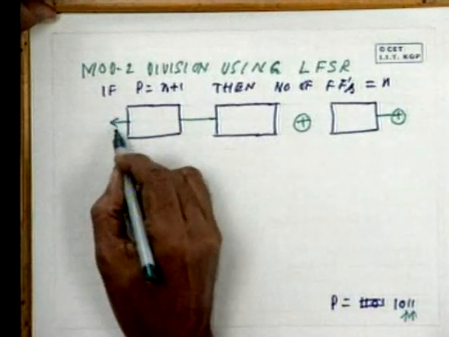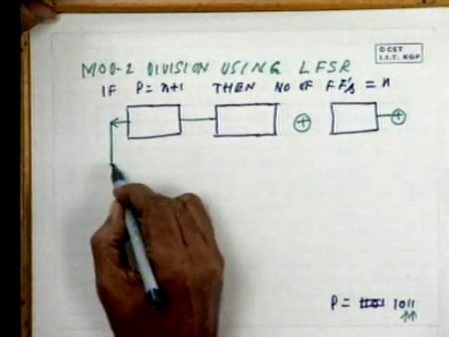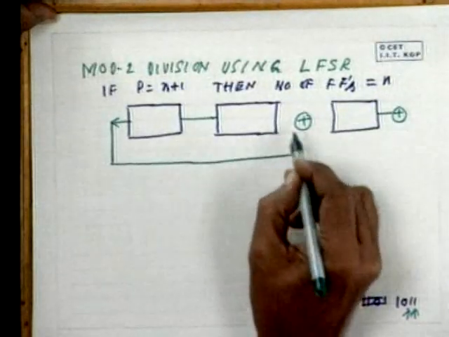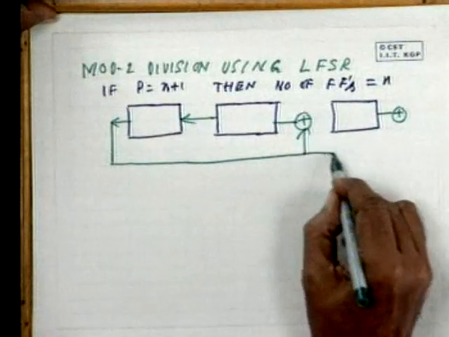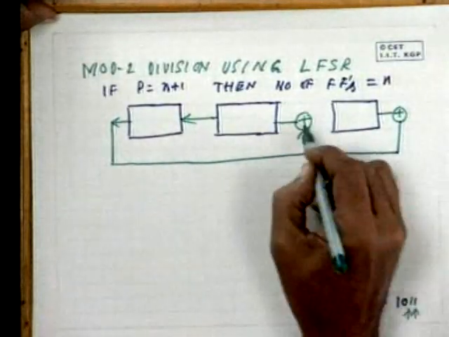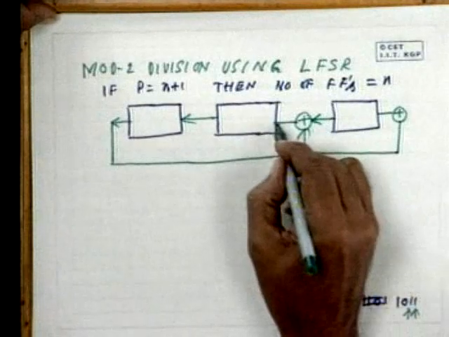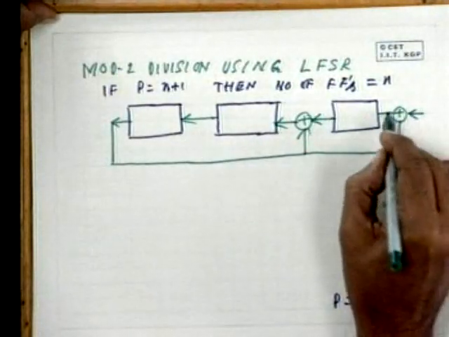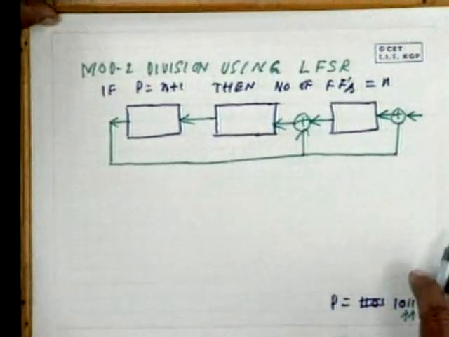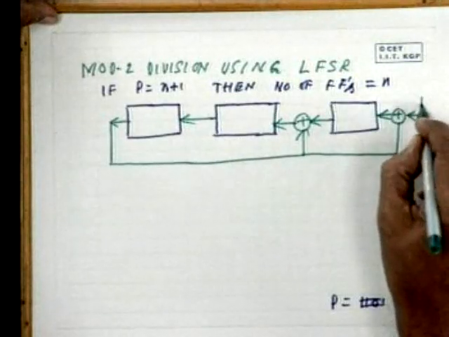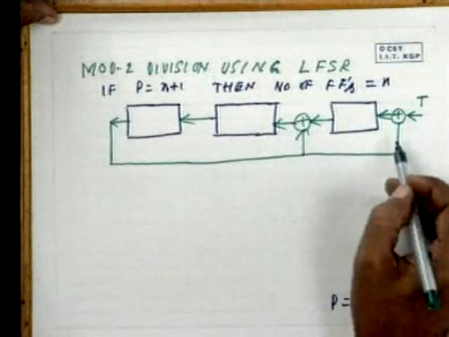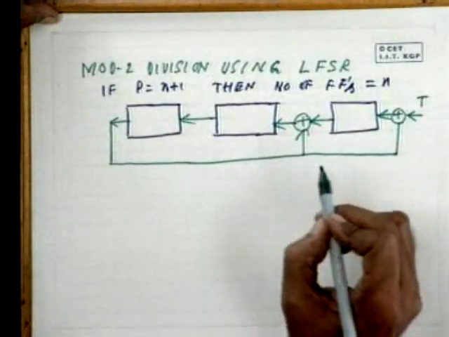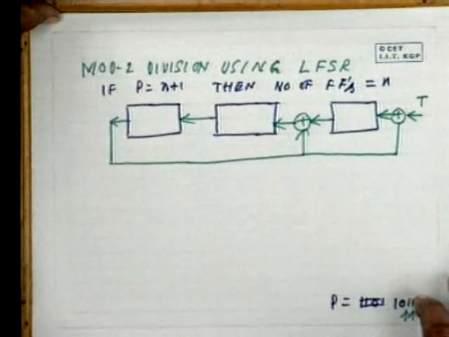So there is feedback from the most significant bit, and it is connected at these 2 points. And here you will apply T at the receiving end, and then you will apply N plus K clock pulses.